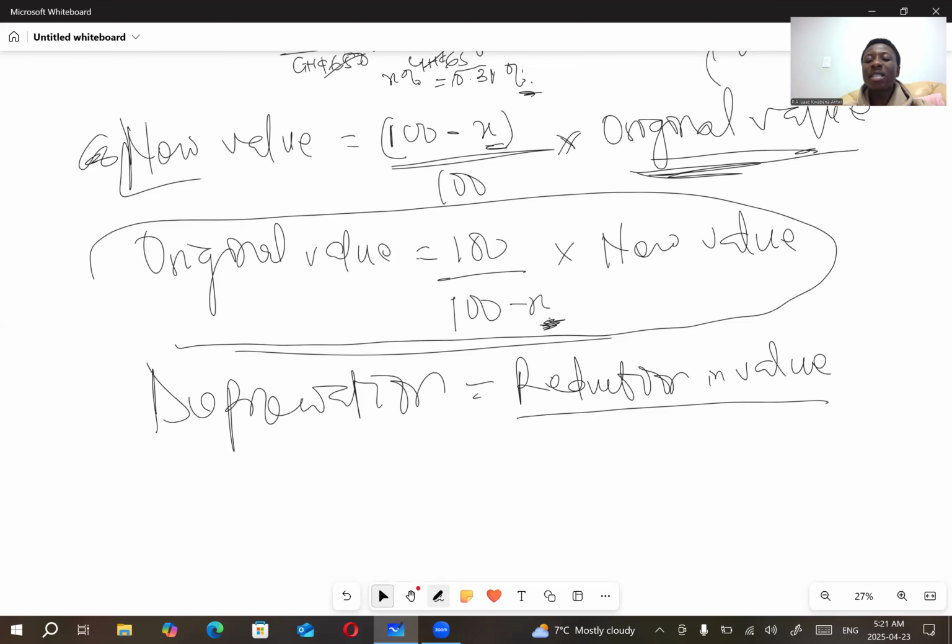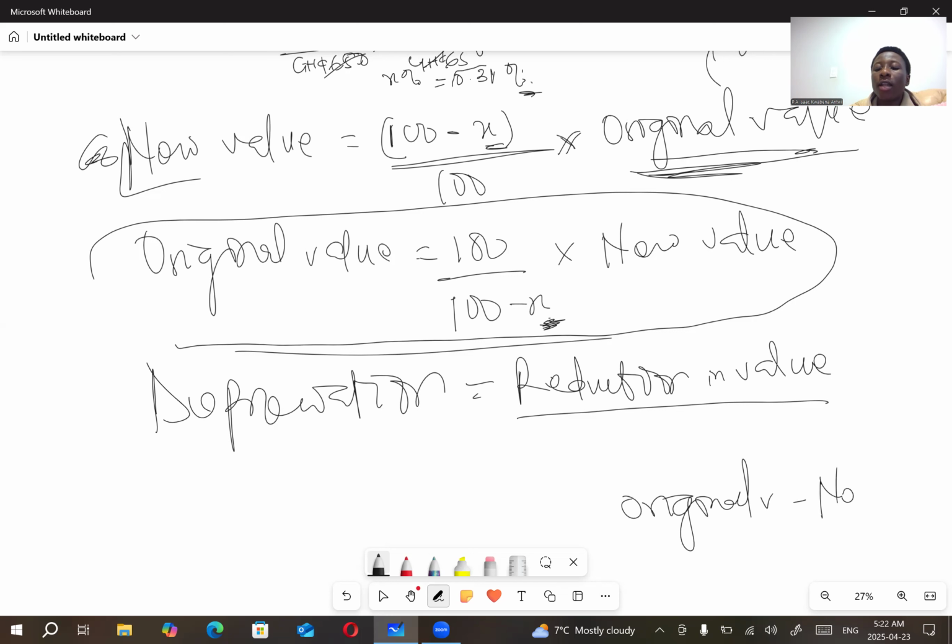So after making X the subject, you are likely to meet what? Original value minus what? New value, isn't it? When you make X the subject, you are likely to meet original value minus new value, right? It was 500 cedis in a wallet. When I came, it's 300 cedis now. That's the new value.